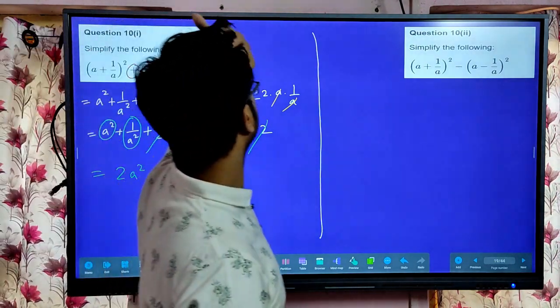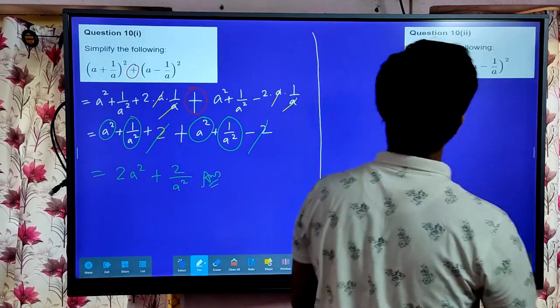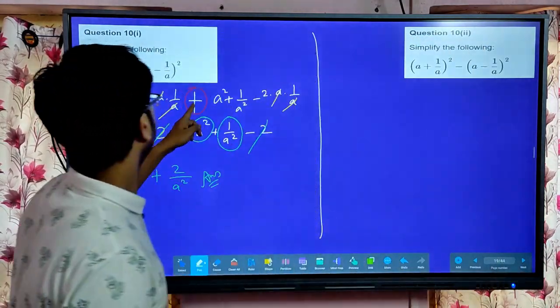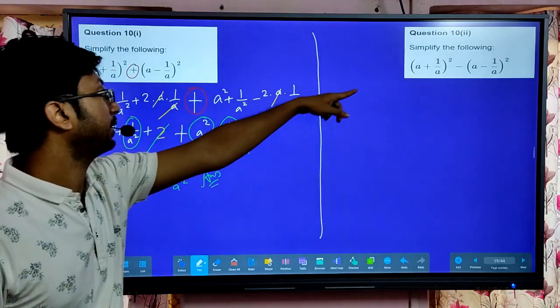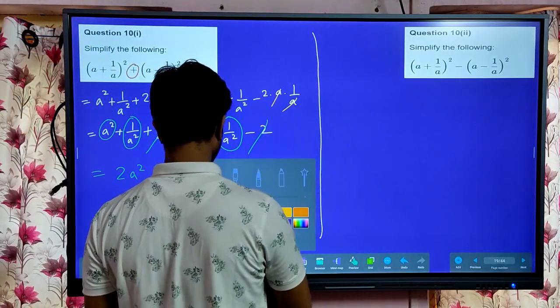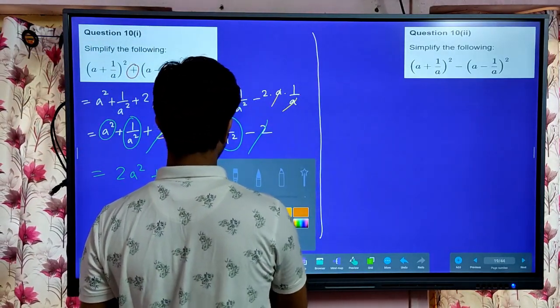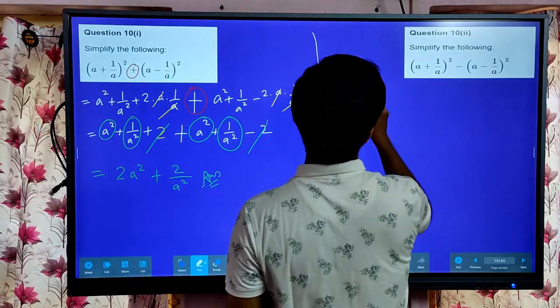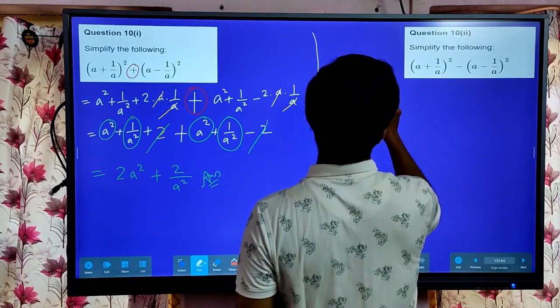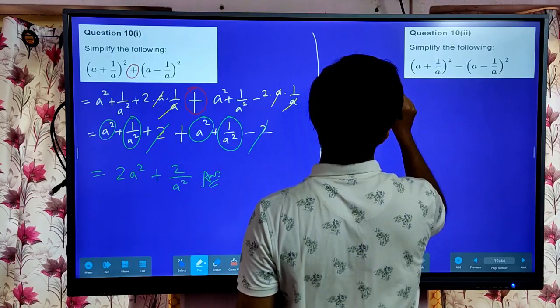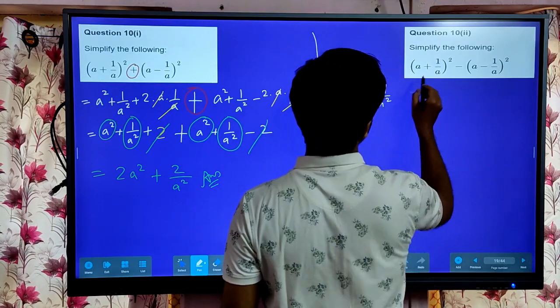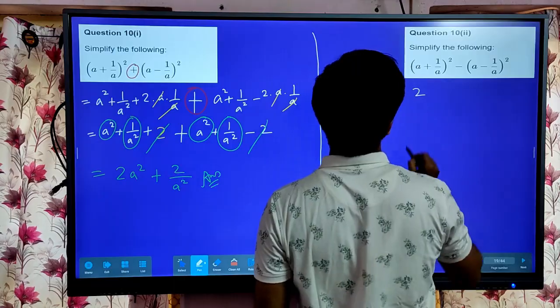Now let us see this a plus b whole square minus a minus b whole square. Just what I told you. In this case you don't need bracket over here, but in that case you will need bracket. So let's see how we handle this. So it will be a square plus 1 by a square plus 2.